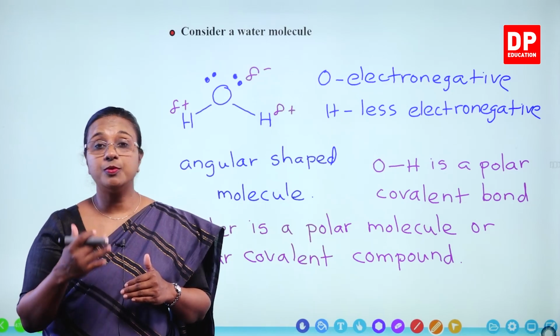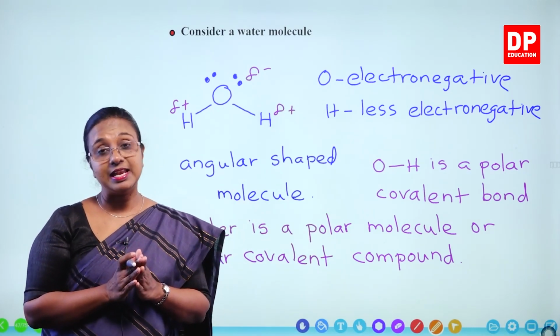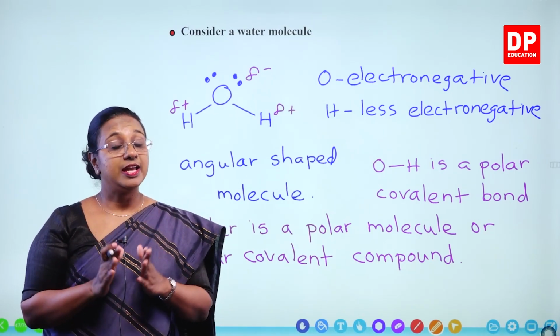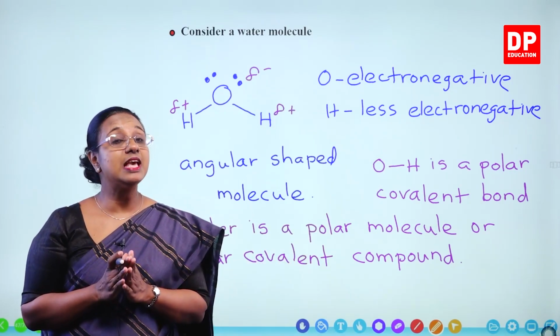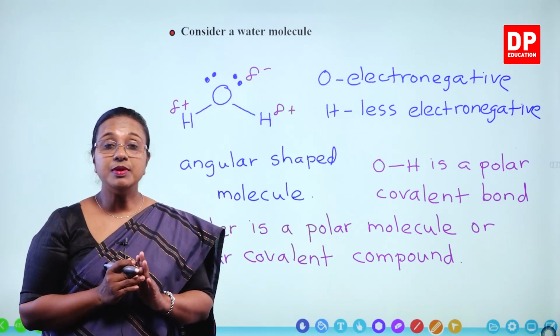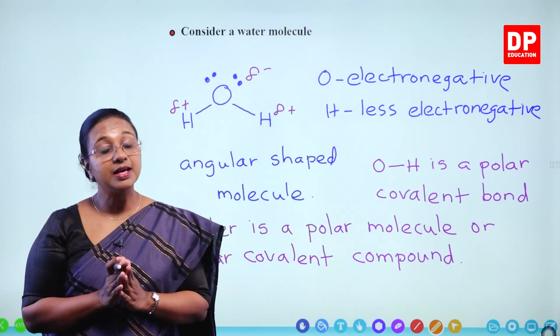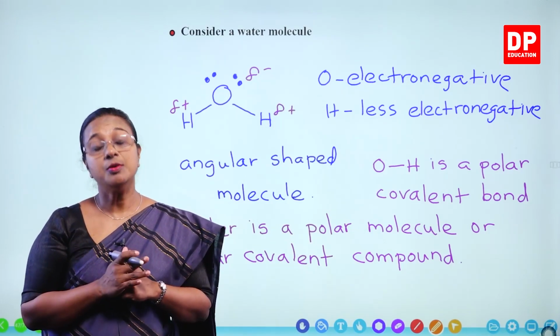They are non-polar compounds. We will discuss this in grade 11 in more detail. Just remember that. For example, if you take carbon tetrachloride, that is CCl4, I told you all before, the C-Cl bond is polar, but the CCl4 molecule is a non-polar molecule.